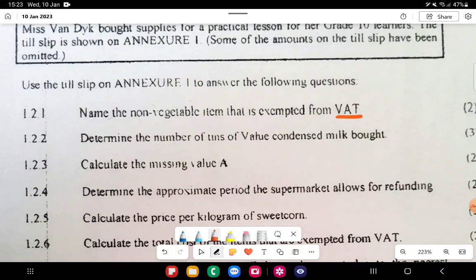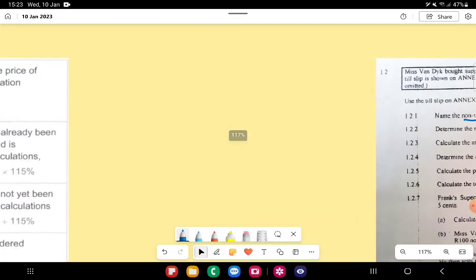I can't ask you something if you don't know what it is. So we're going to discuss what is VAT. You need to know what it means to be exempt from VAT. And then finally, you need to know what is a non-vegetable item. Once you understand all three of these things, you can look at the receipt and you can find what we are looking for. So let's talk about VAT and exempted from VAT.